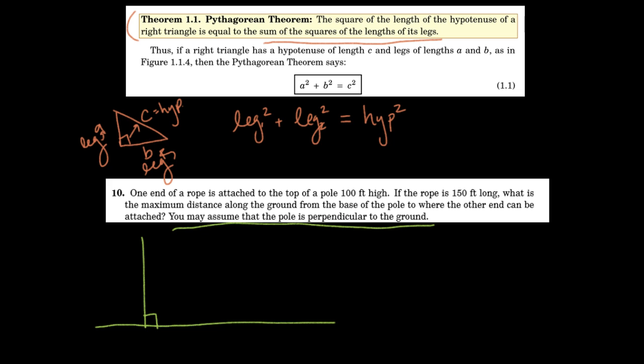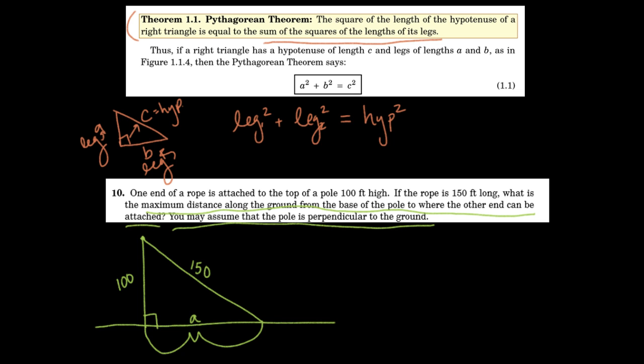So we know that the rope is 150 feet long, and we know that the pole is 100 feet high. So what I'm going to do is take a rope and stretch it out, and I know that this rope is 150 feet long. And they want us to find this distance right here, and we can just call it A. That's the maximum distance along the ground from the base of the pole to where the other end can be attached.